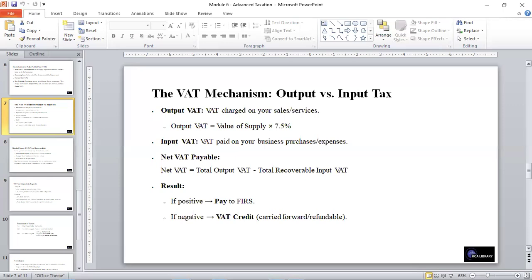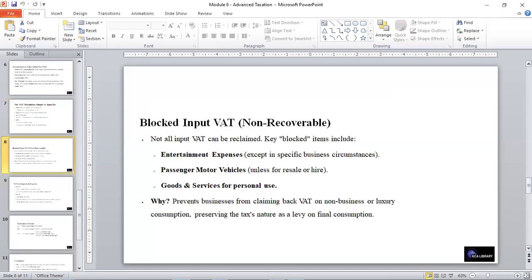Net VAT is equal to total output VAT minus total recoverable input VAT. If the result is positive, you pay to FIRS, and if negative, there is a VAT credit that can be carried forward or refunded.